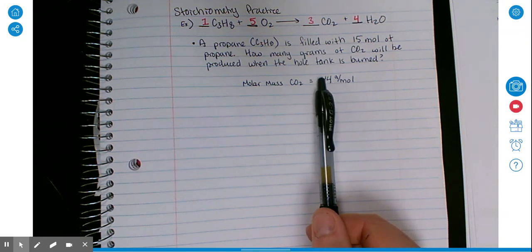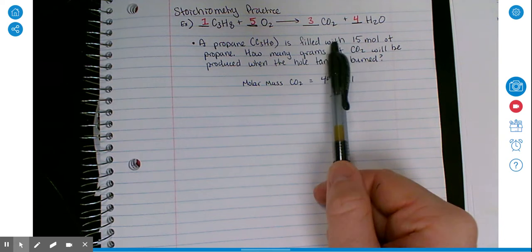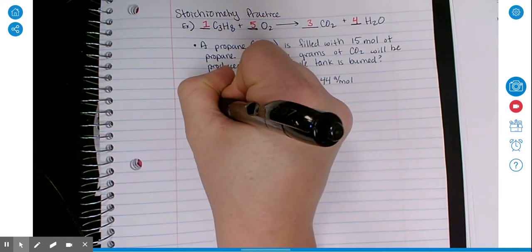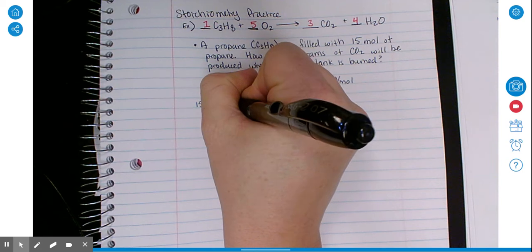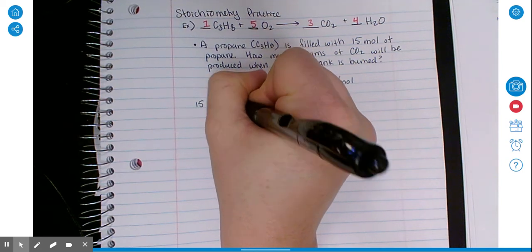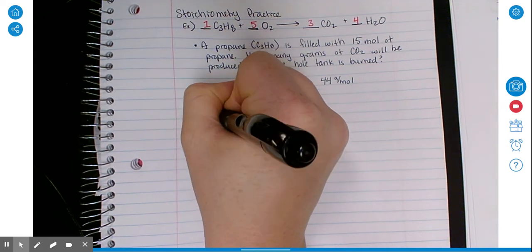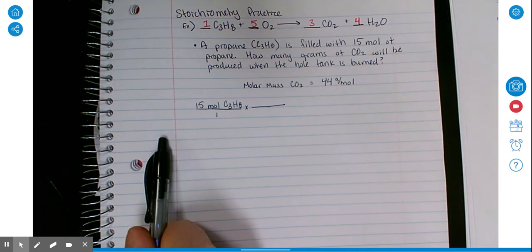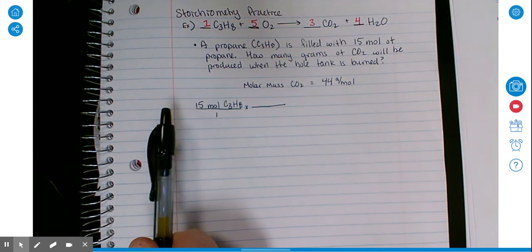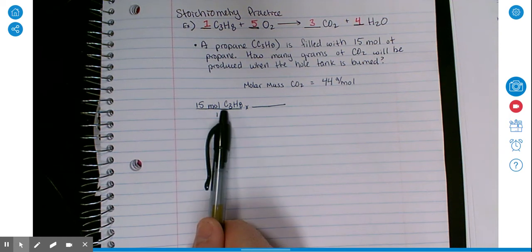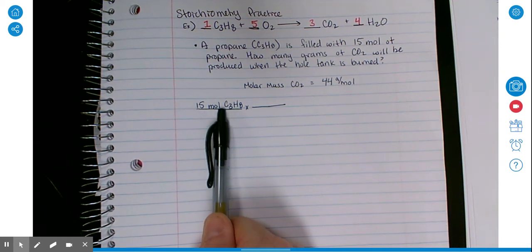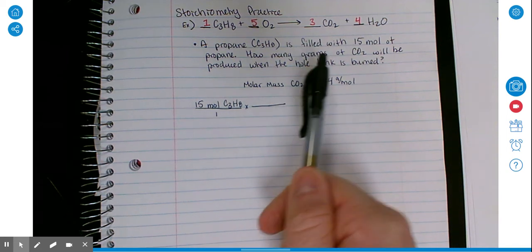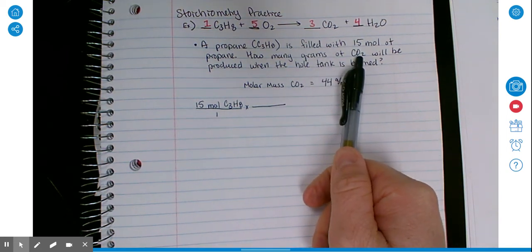Begin with what you know. So find your number. I know I have 15 moles of propane. From moles, I can go to grams. Now, I could get to grams of propane, but my goal is not grams of propane. My goal is to get to CO2.